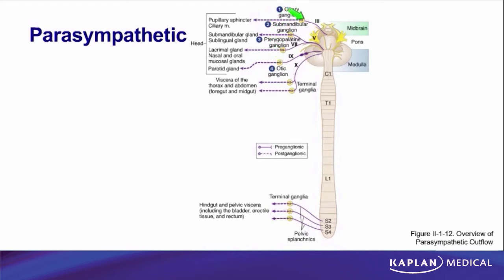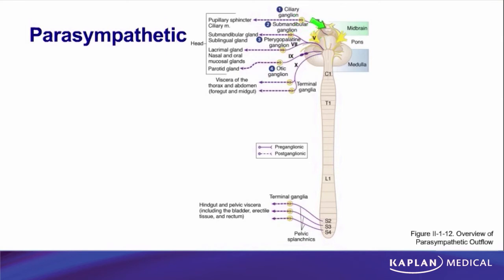A ciliary ganglion, which is in the orbit, a submandibular ganglion, which is in the floor of the mouth, a pterygopalatine ganglion, which is in the pterygopalatine fossa, and an otic ganglion, which is in the infratemporal fossa. So 4 different ganglia in 4 different parts of the head. And the way these 3 cranial nerves get to those ganglia is fairly specific.